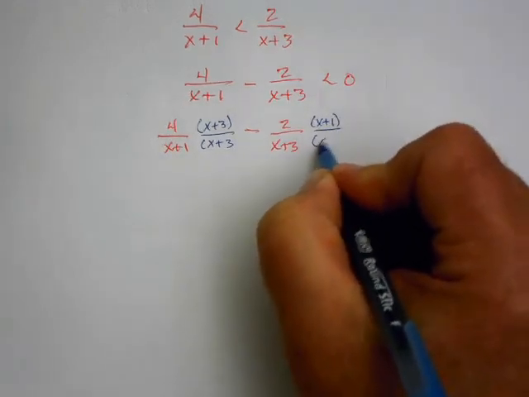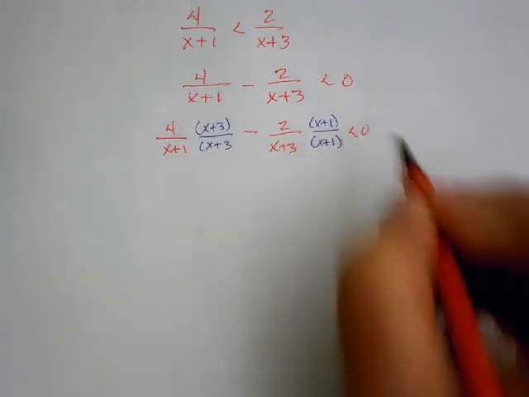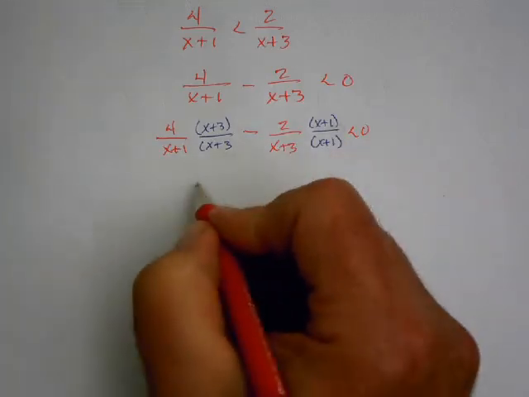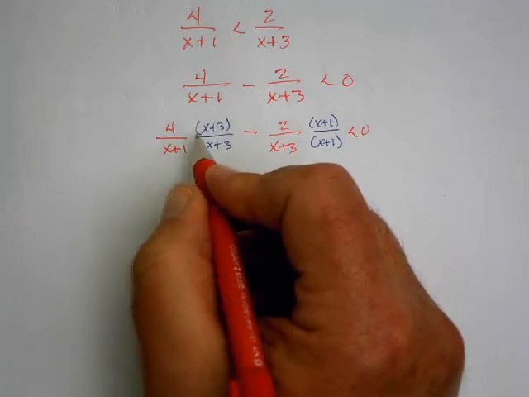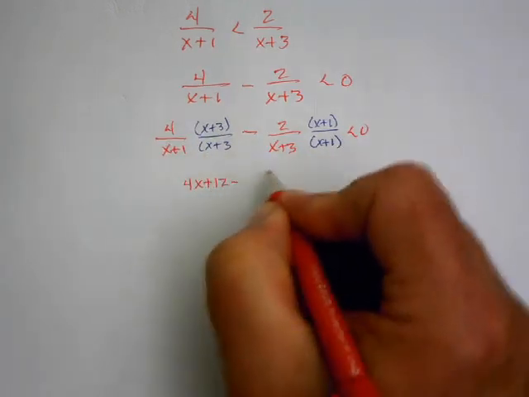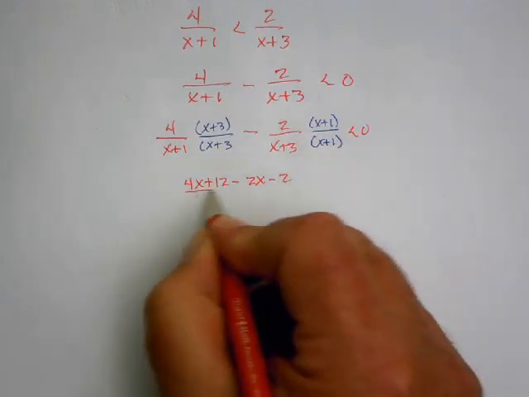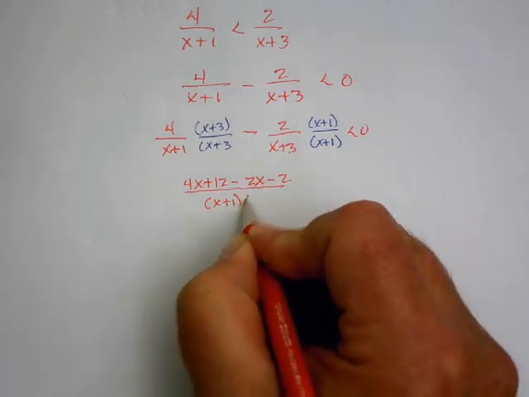Now I can combine the tops, which is going to give me, let's see, 4x plus 12, subtract 2x minus 2, all over x plus 1 and x plus 3.